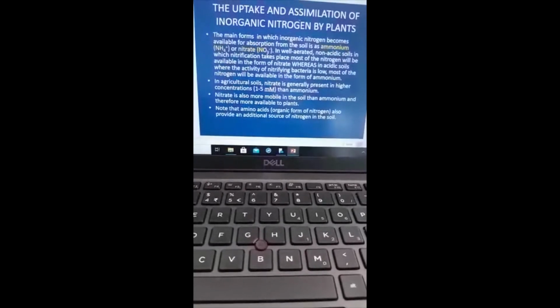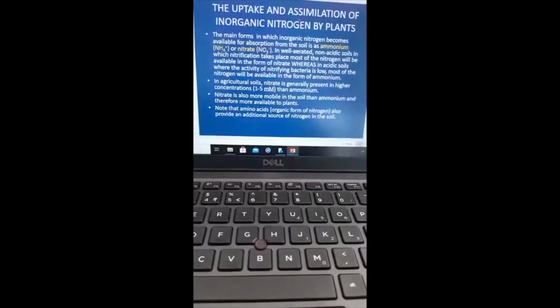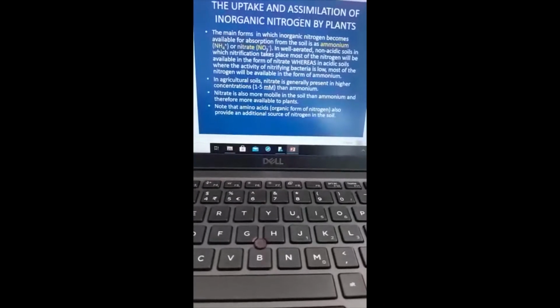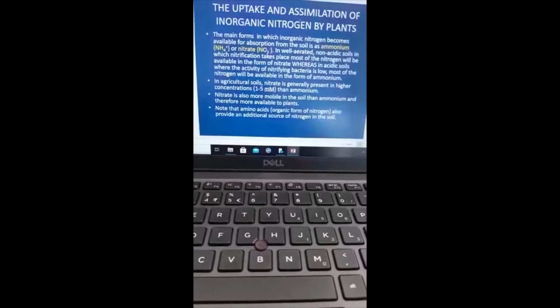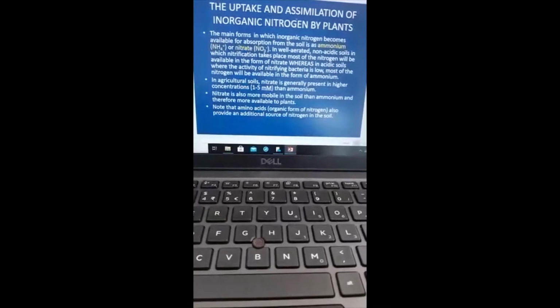And these plants are called nitrogen fixers, and they are largely legumes. So when that nitrogen is accessed from the atmosphere, it can be converted into a form that a plant can use.